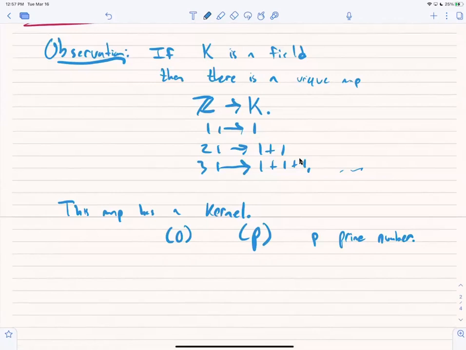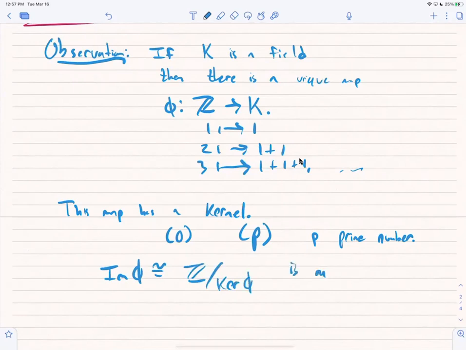K is a field. So that means any subring of K. So let me give this map a name, phi. The image of phi, which is isomorphic to Z mod the kernel of phi, is an integral domain.